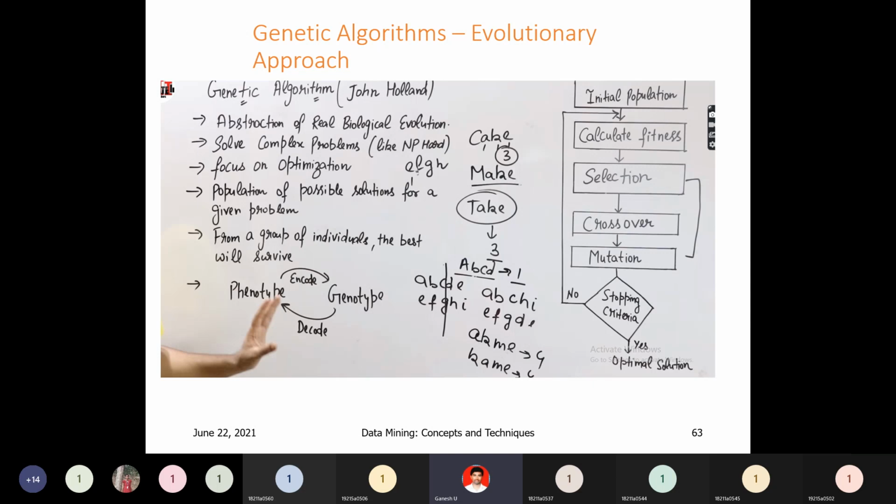A human already has some features from mother, father or others; that is the solution. The next generation means the combination, and which combination gives the better result is the solution here. So we find the optimal solution from a number of iterations. From all those iterations, finally you find the optimal solution. That is the main purpose of the genetic algorithm.